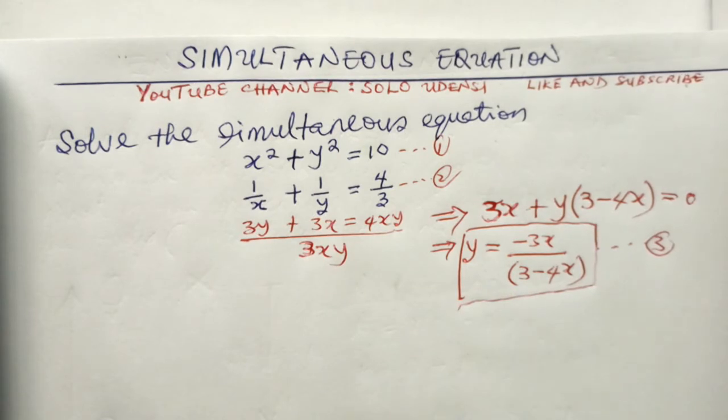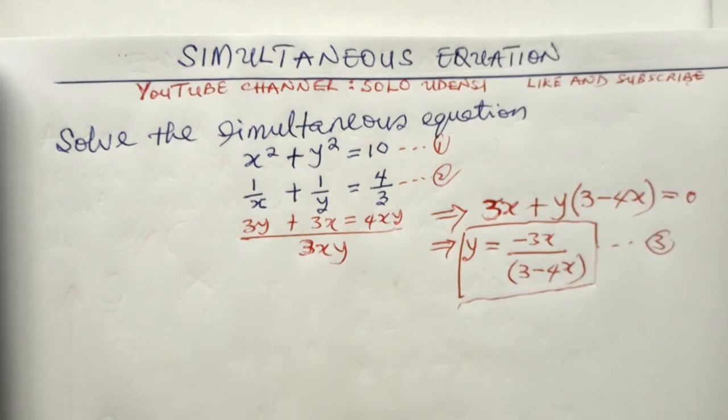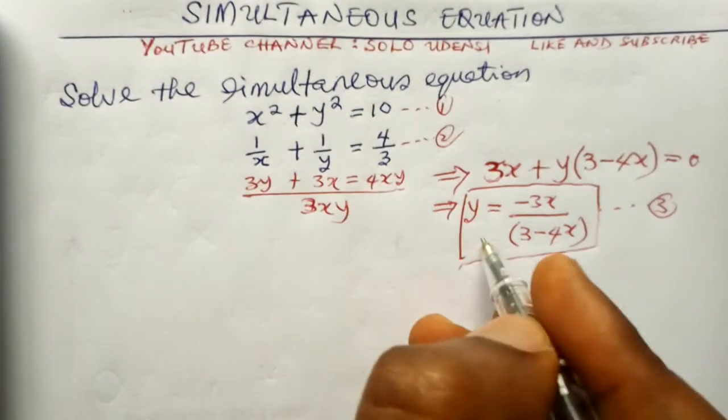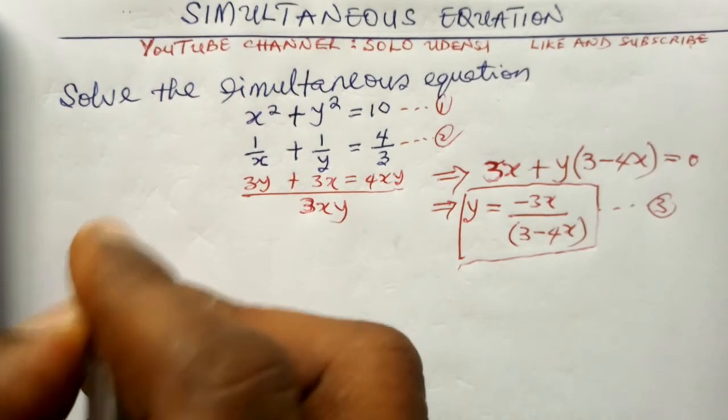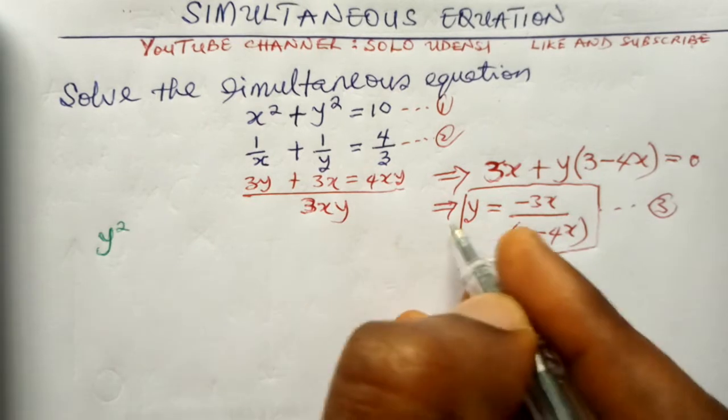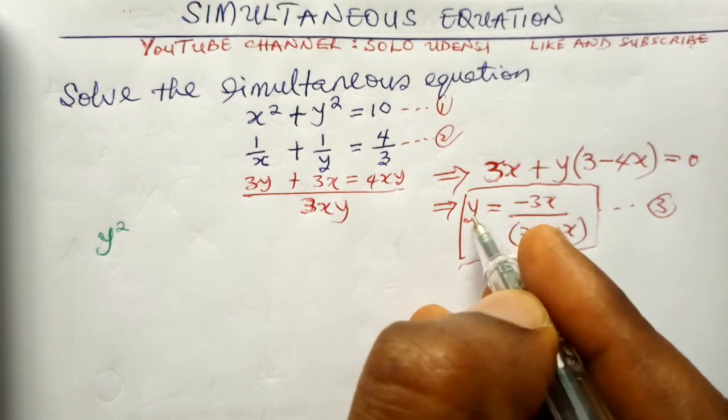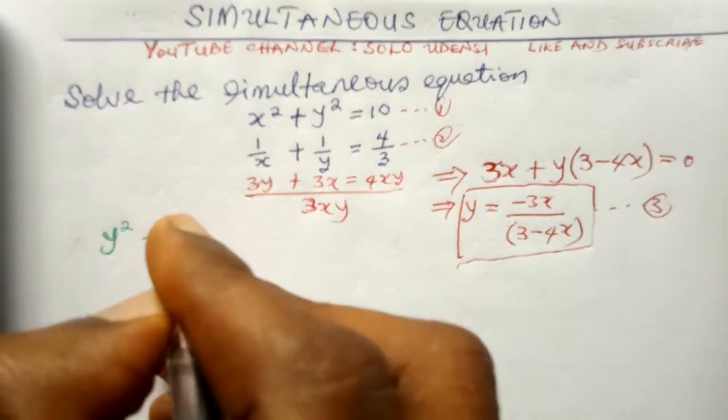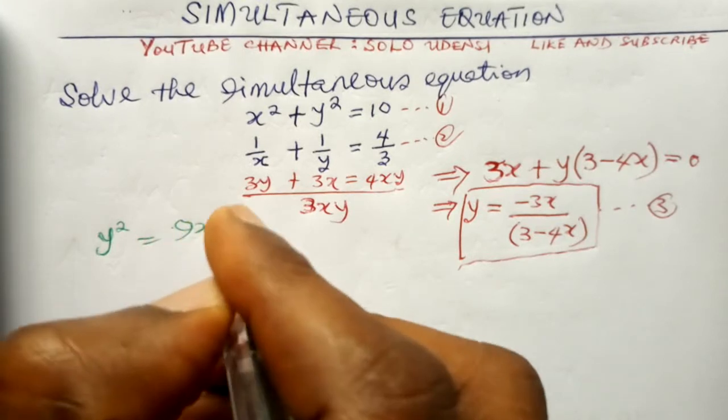Also from this equation 3, we can easily make a deduction. You can see that if we square both sides, we have y squared is equal to minus 3 squared, which is 9x squared.